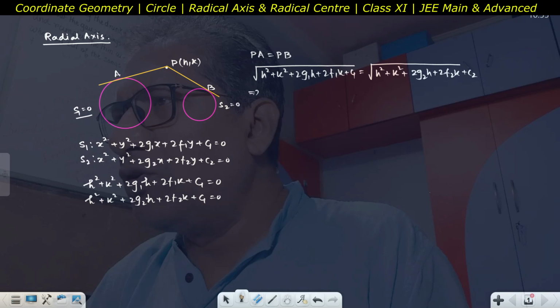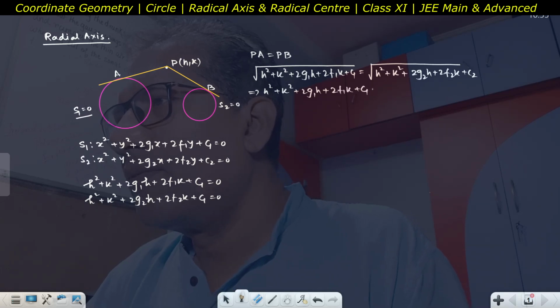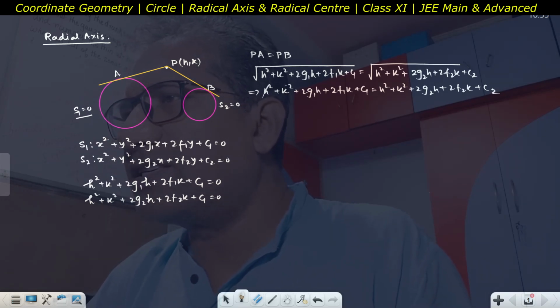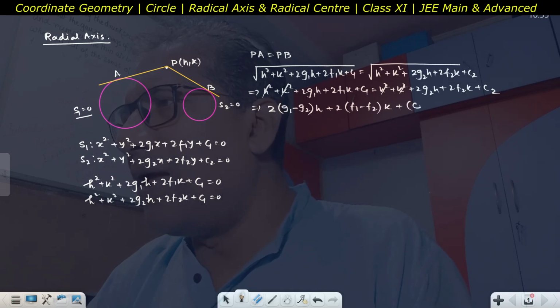So let me square both sides. And now we can easily see that h square and k square will go off. So we are left with 2 times (g1 minus g2)h plus 2 times (f1 minus f2)k plus (c1 minus c2) equals to 0.